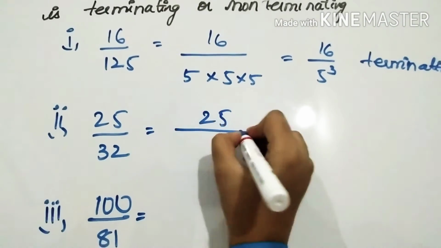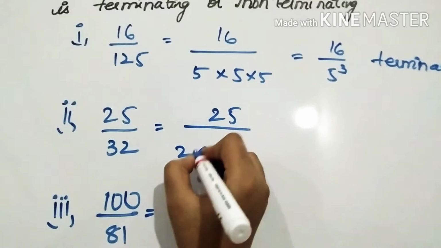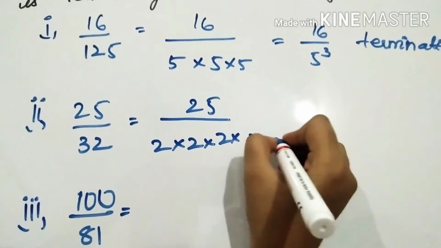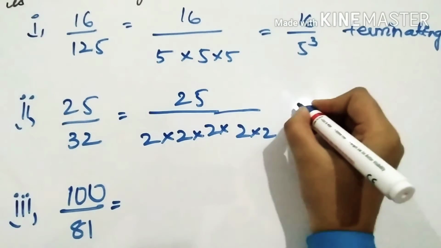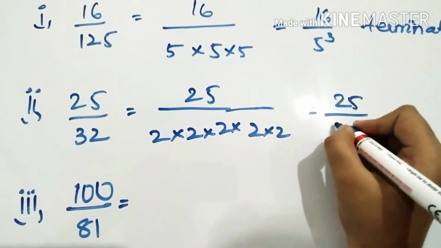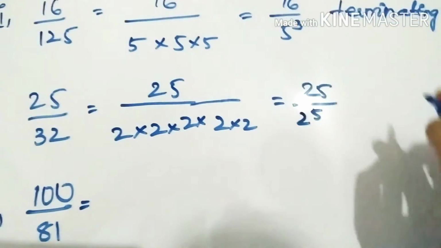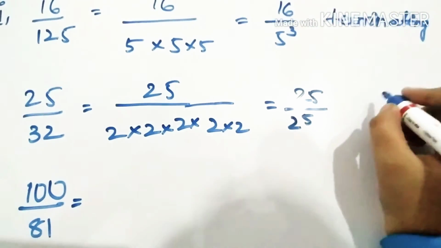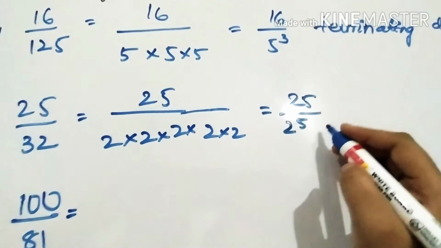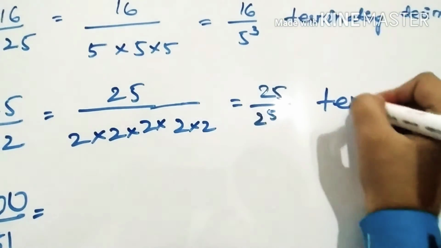Next, 32 we can write in the form of 2 into 2 into 2 into 2 into 2, which is equal to 25 by 2 to the power of 5. So it is in the form of 2 raised to n into 5 raised to m. So it is a terminating decimal.